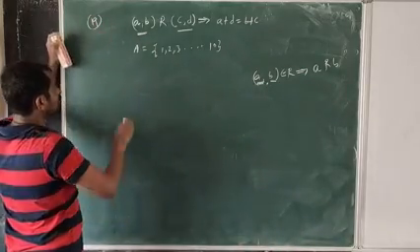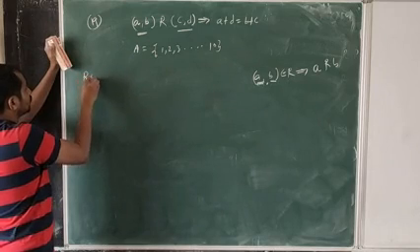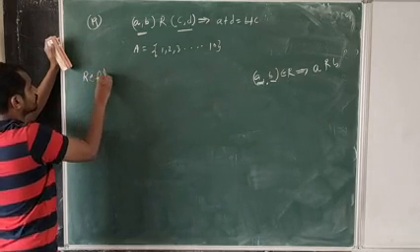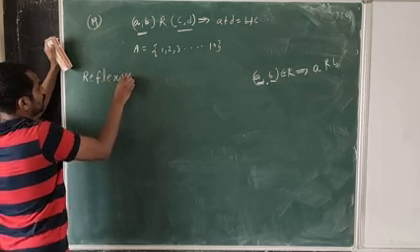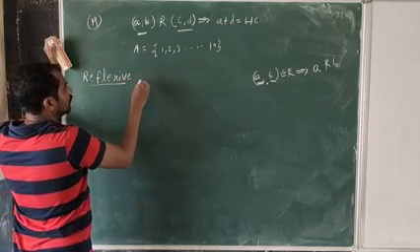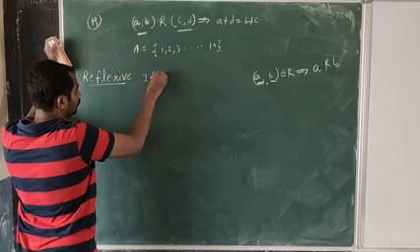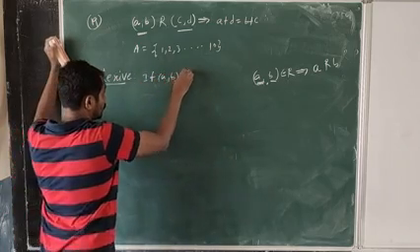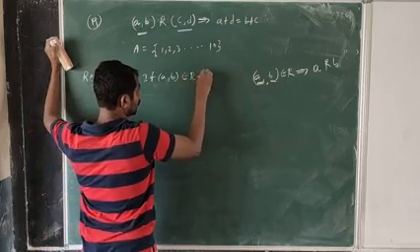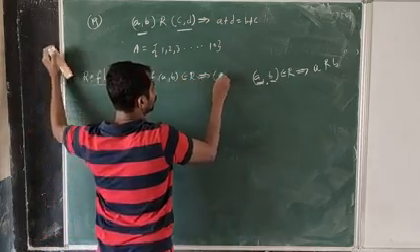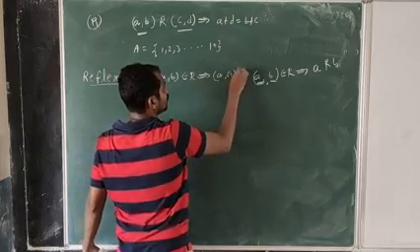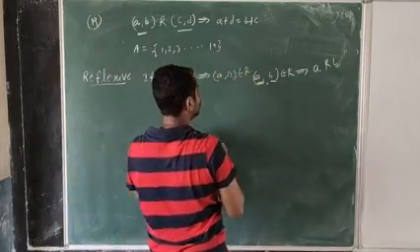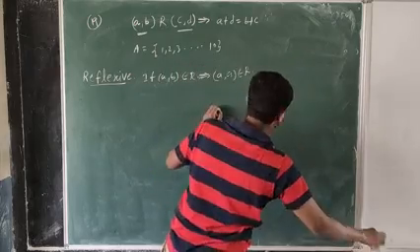Now, first, for equivalence, we will show reflexive. Let's see. Here, if (A, B) belongs to R, then here we need (A, A) belongs to R. Okay, that's the example.